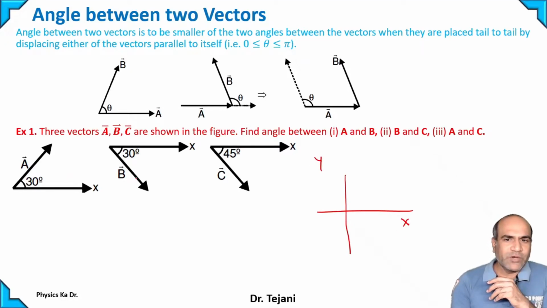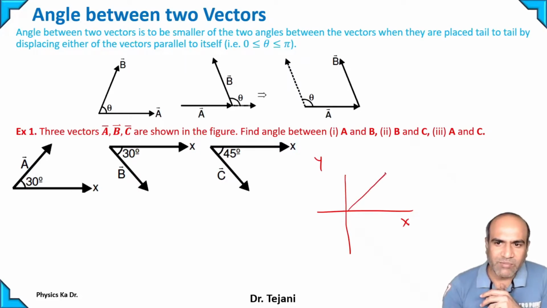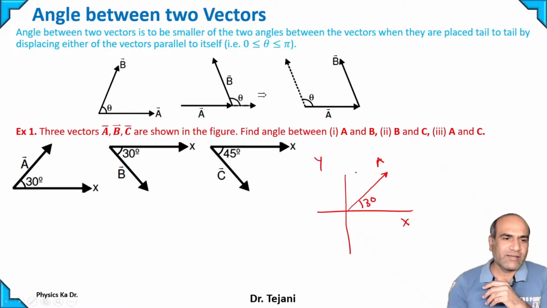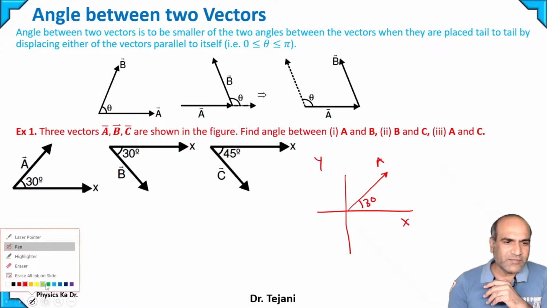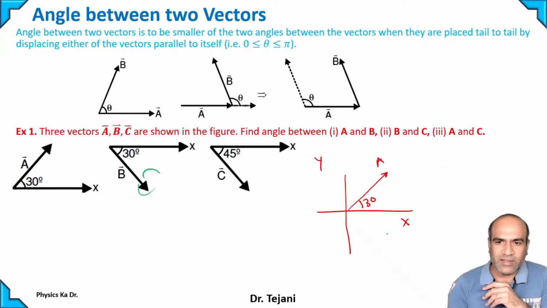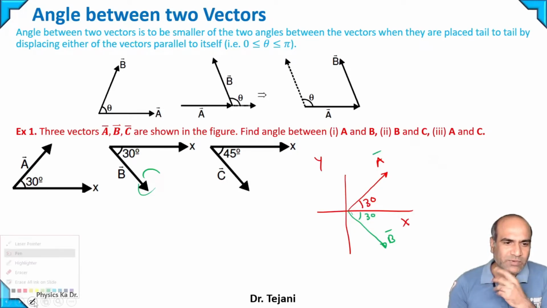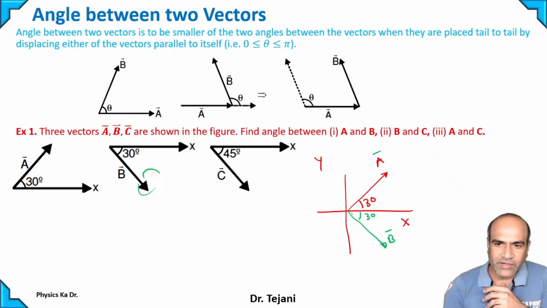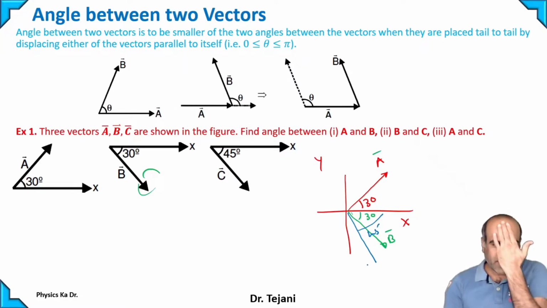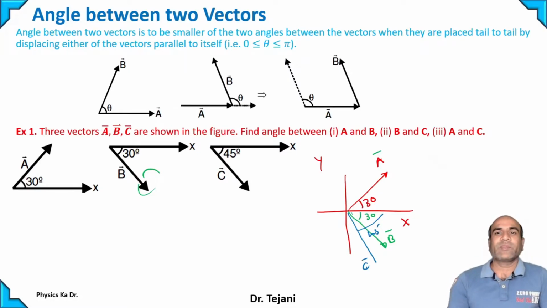Then we put this A bar with its magnitude at the same angle, 30. Next, we put this B bar here at an angle of 30 degrees on the opposite side, as well as the last one at 45 degrees. This becomes 45, and that is the C bar, right?